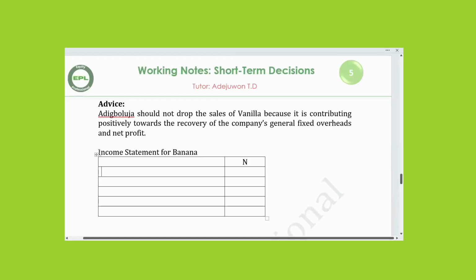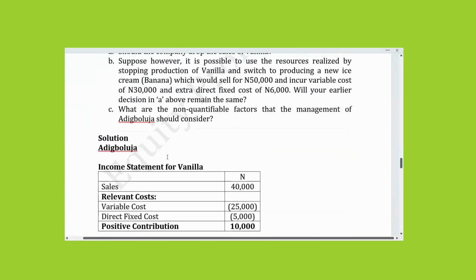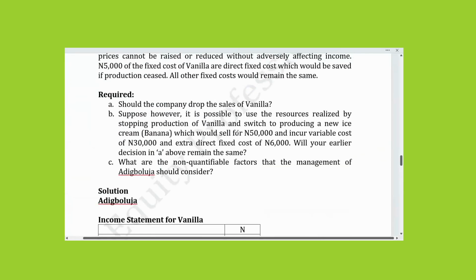So the B part of the question, the examiner is asking you, would your earlier decision above remain the same if the company switches the resources of vanilla to produce a new ice cream called banana, which will sell for 50,000 naira, that's the sales value, and incur variable cost of 30,000 naira, and then extra direct fixed cost of 6,000.